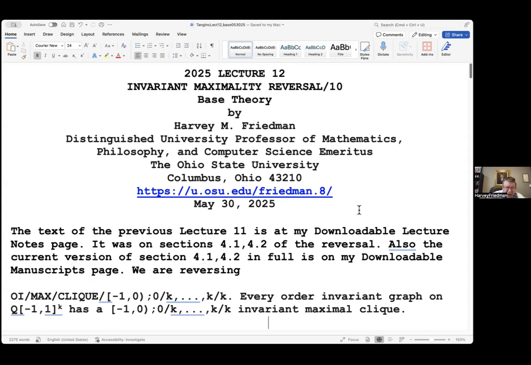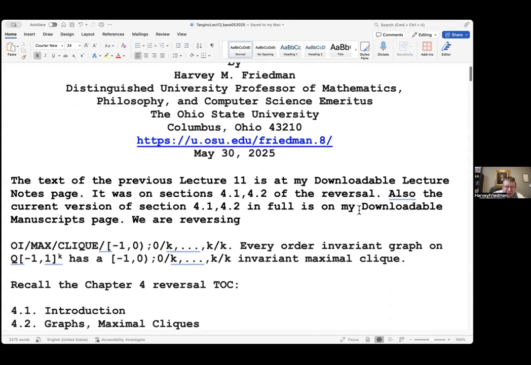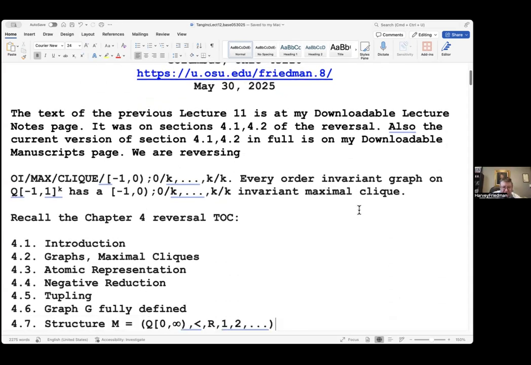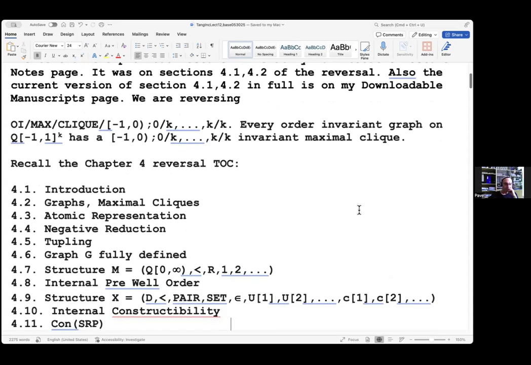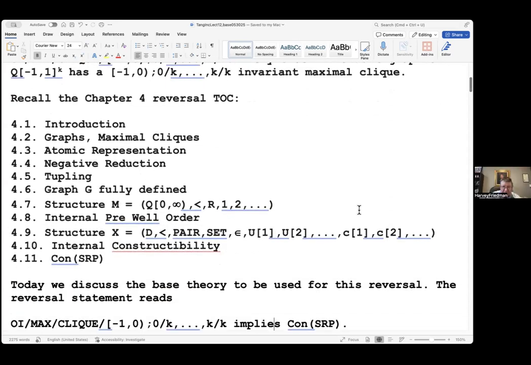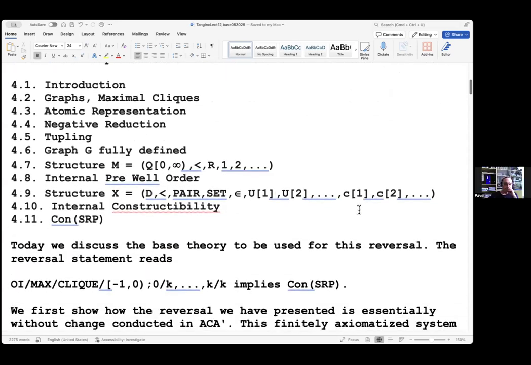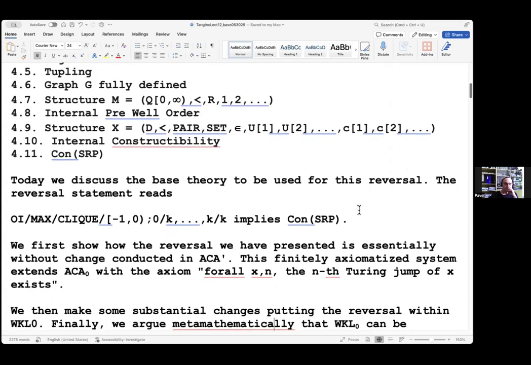Lecture 11, you can get on the lecture notes page, and it was on 4.1 and 4.2 of the reversal, and that's already also on the manuscript page right now. So we are reversing this as usual, and we have this table of contents.